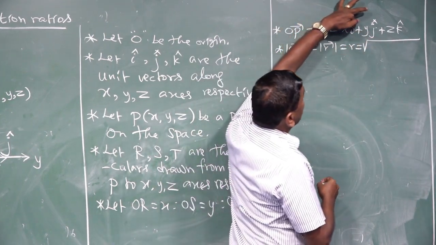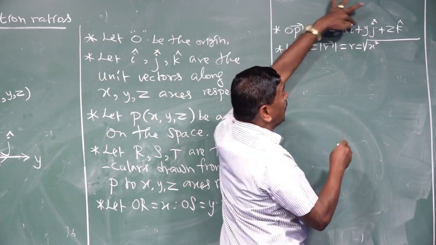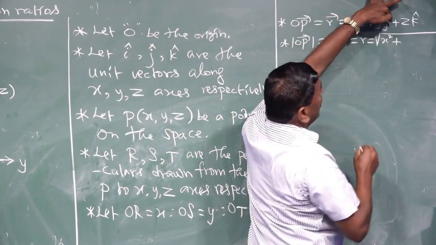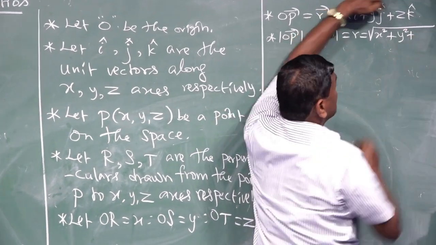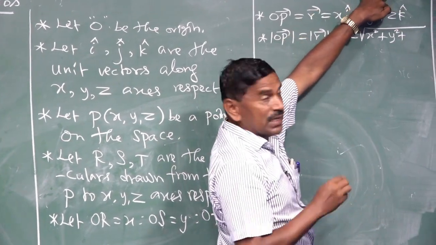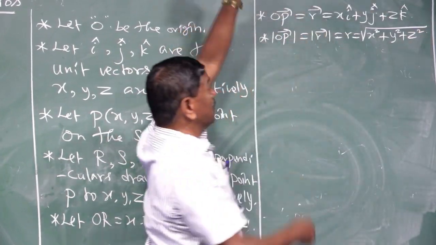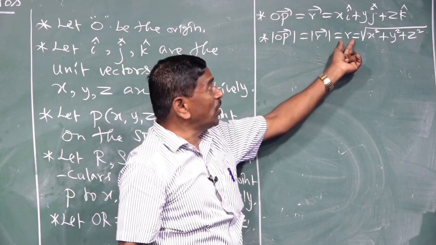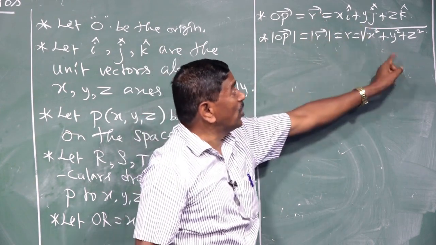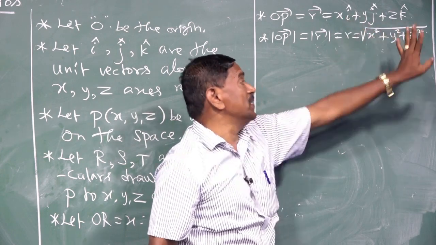Here the i cap coefficient is x, so x squared, plus the j cap coefficient y, so y squared, plus the k cap coefficient z, so z squared, all under the square root.